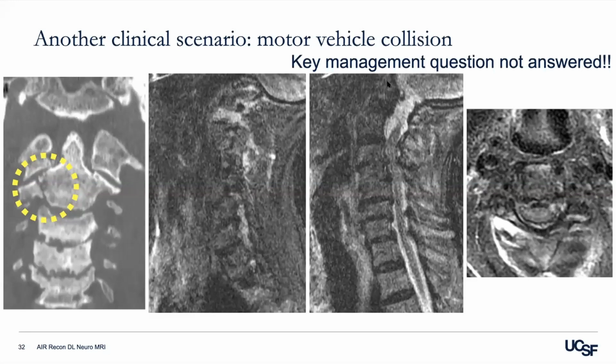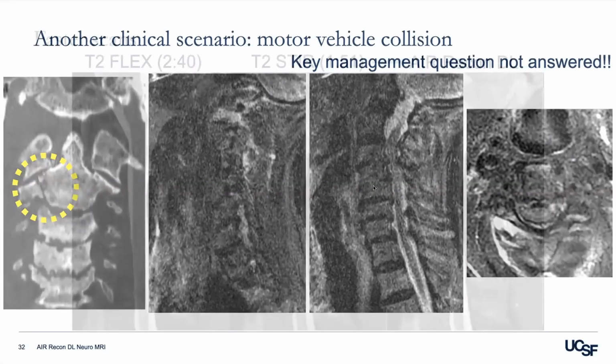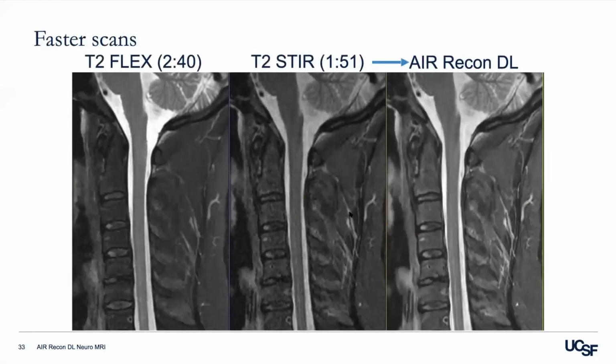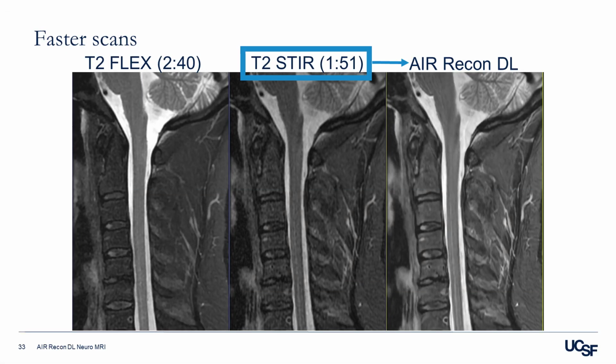So I think this is a tool where we can use the shortened scan time to reduce motion and therefore improve diagnostic confidence. And I'll show you what I mean by that. So here's an example. On screen left, these are labeled here: T2 Flex, T2 STIR in the middle, and STIR enhanced with AIR Recon DL.